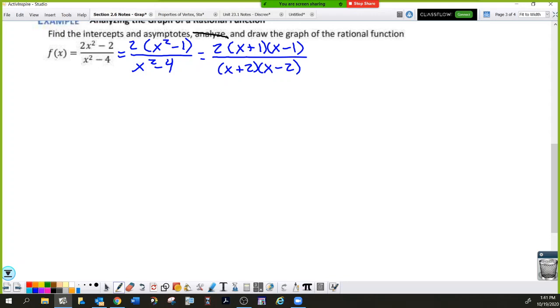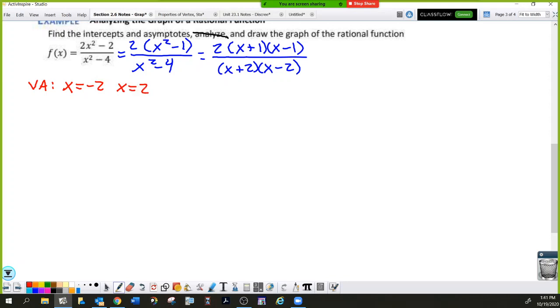Once again, we have two x values that would make our denominator equal 0. So we have two x values that are no-nos, two vertical asymptotes, going to occur when x equals -2 or when x equals +2.